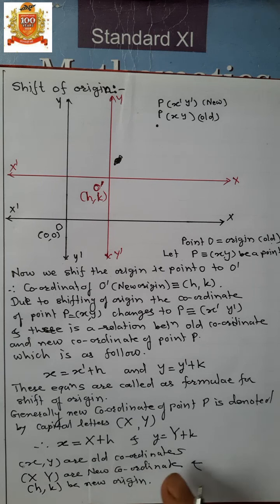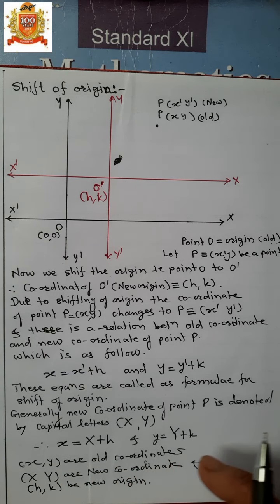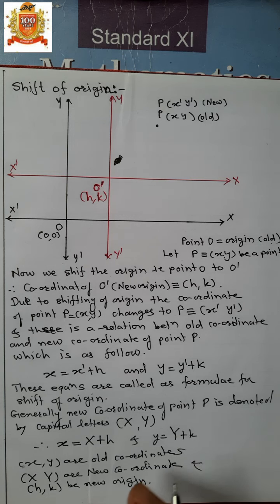By using this formula, we can find the new coordinate of point P, as well as if new coordinates are given, we can find the old coordinate of point P.